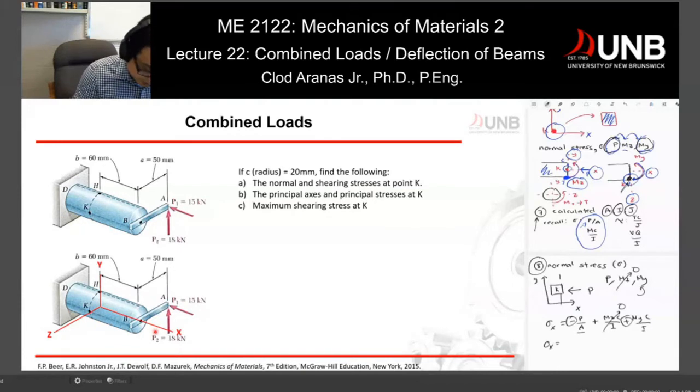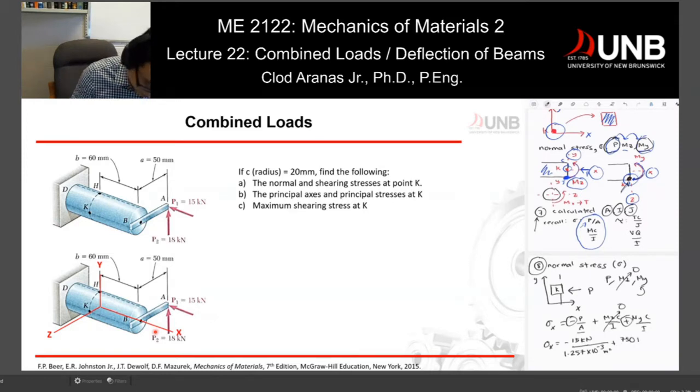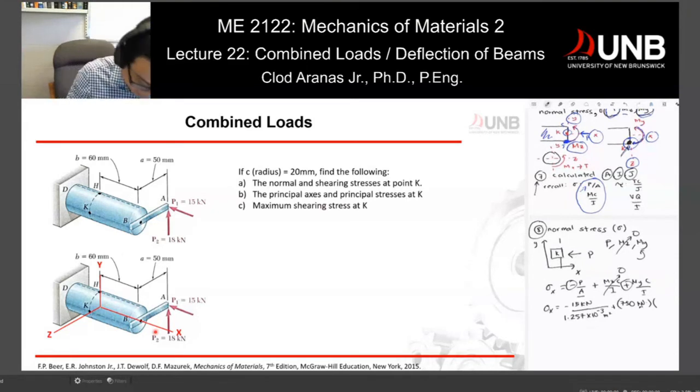So what are those numbers? Here we have 15 kilonewtons divided by 1.257 times 10 to the negative 3 meters squared. That's the one we calculated before. Then 0 plus 750 kilonewton meters, I think, and then your C, 0.02, which should be in meters.